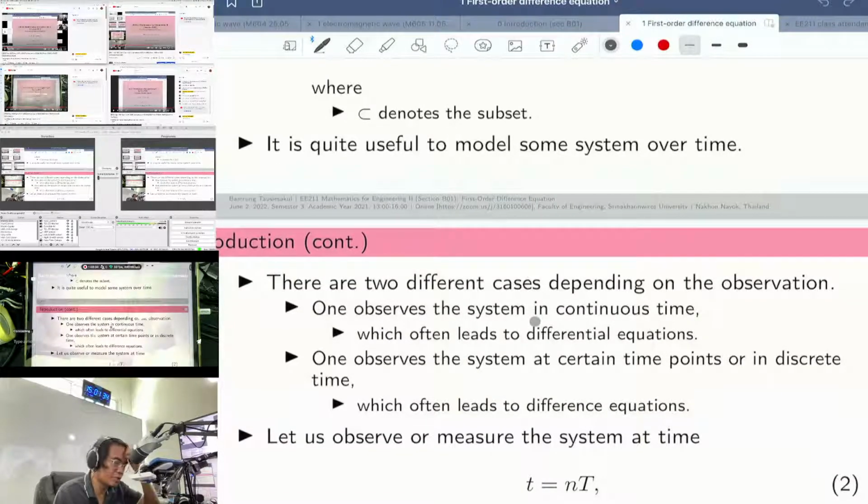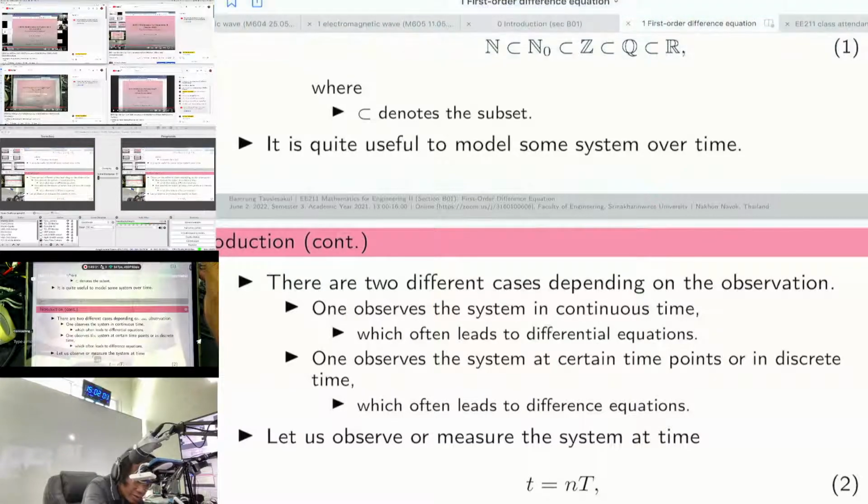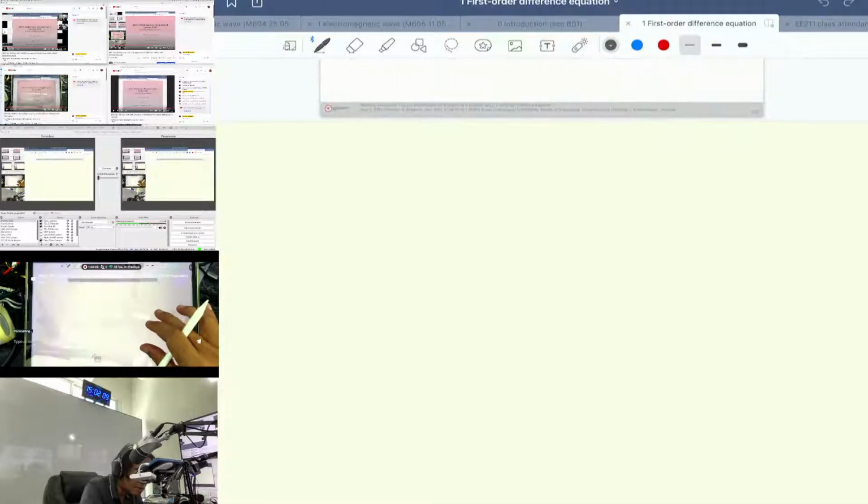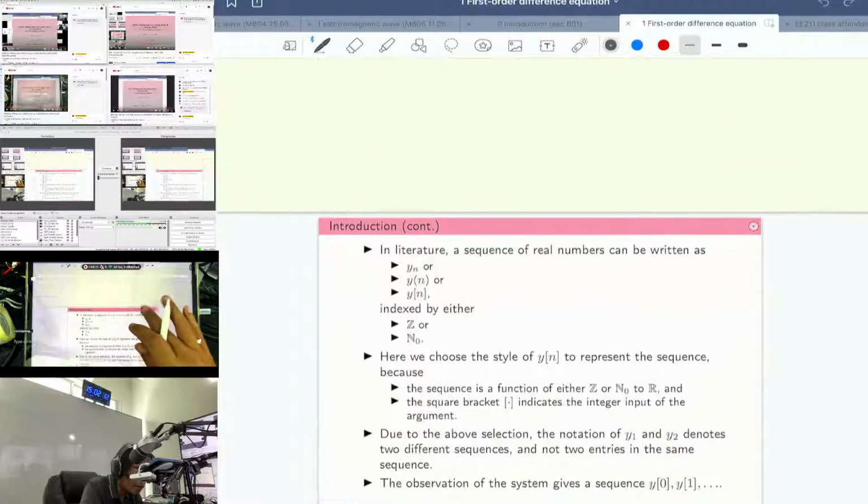We observe the system in continuous time, and what we have is actually differential equations. But if the system cannot be observed over continuous time, we're going to use discrete time. Example. Let me draw.